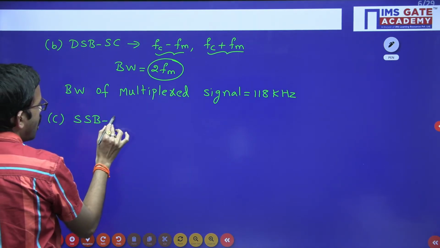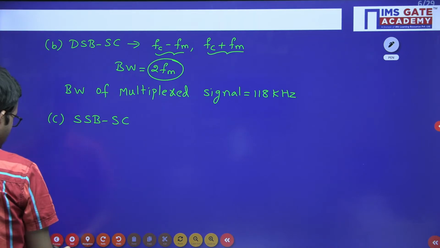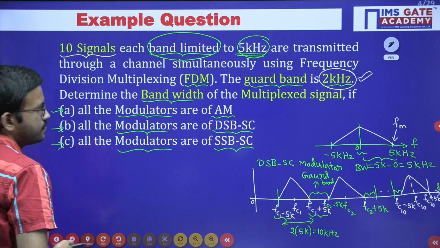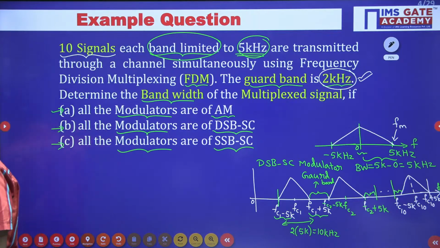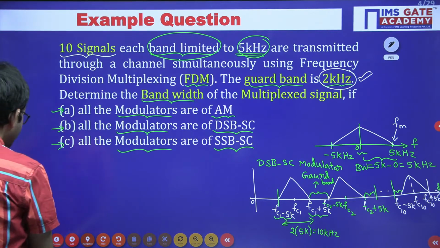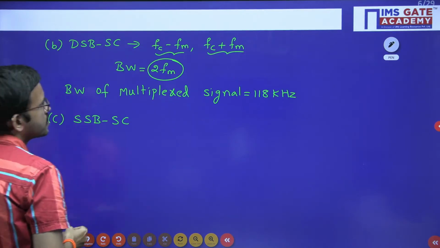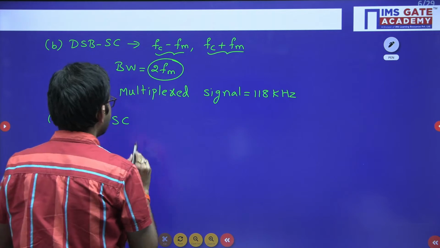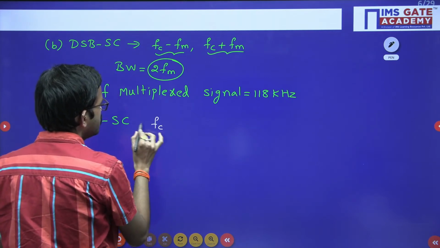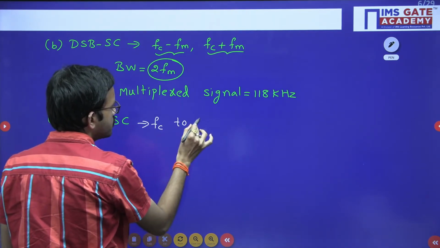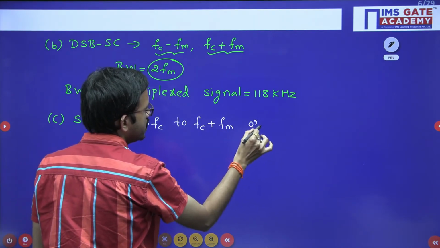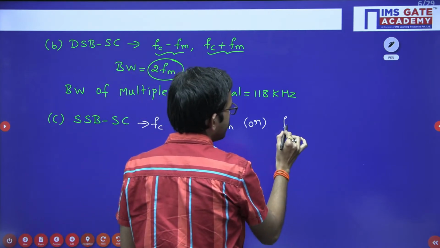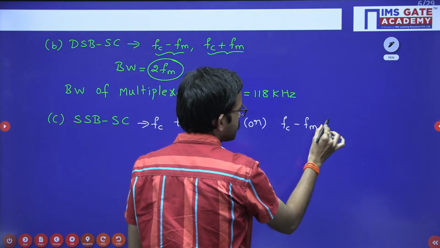Now all of you give a try with respect to SSBSC. If you are using all the modulators as SSBSC, then what will be the answer? In SSBSC, we will use any one sideband. Say for example, we can use FC to FC plus FM, or we can use FC minus FM to FC.